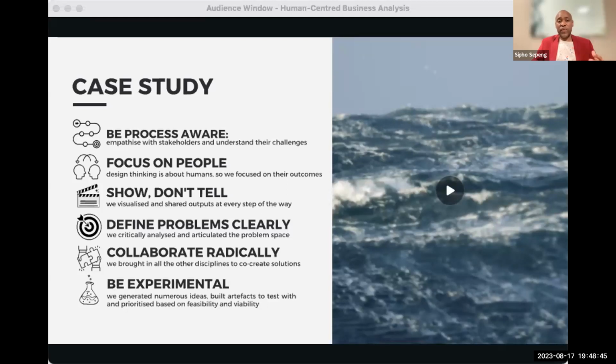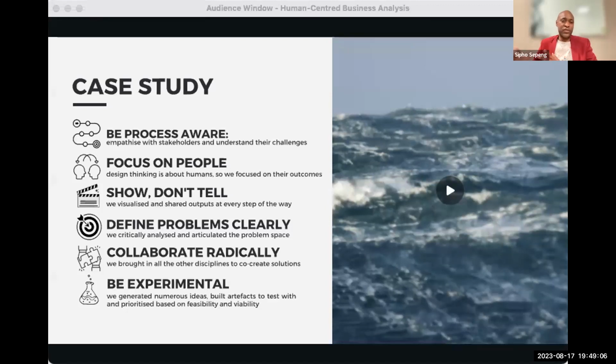We then went on to focus on people, and this applied for both employees as well as our business stakeholders. So design thinking, as mentioned earlier, is about humans. So we focused on their outcomes.